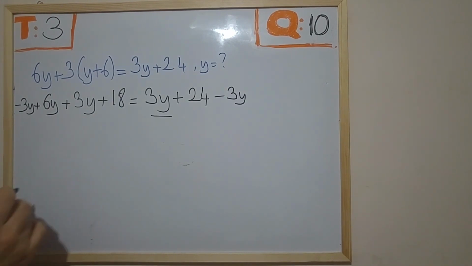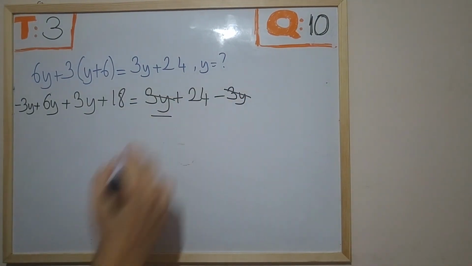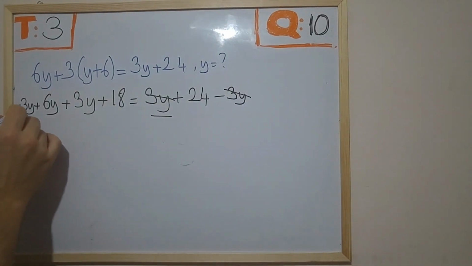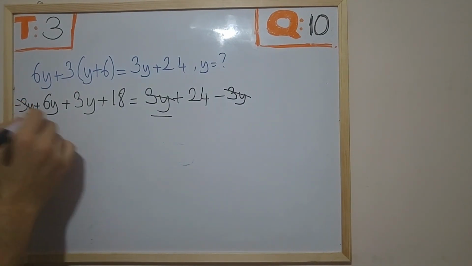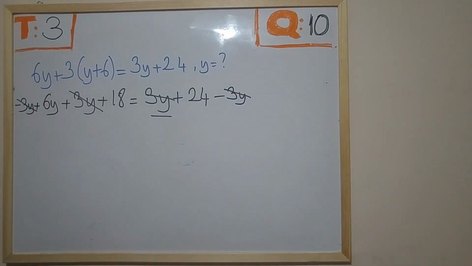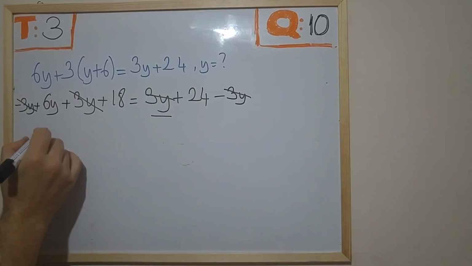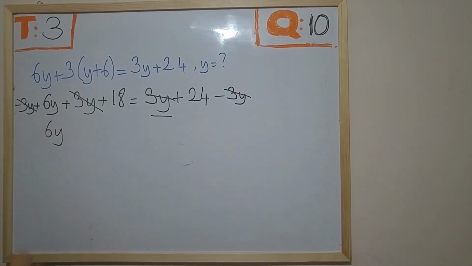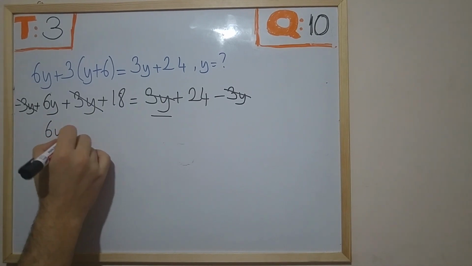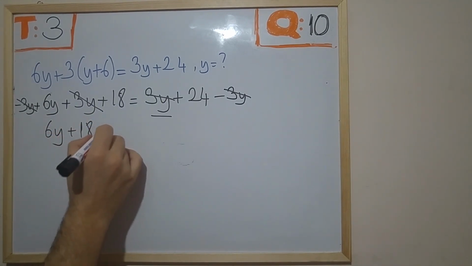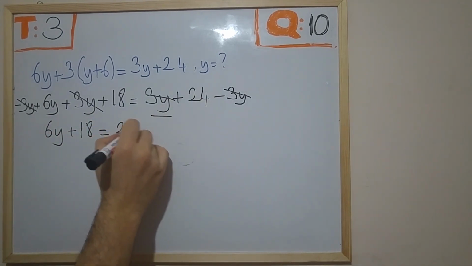What we have now is these 3y's are gone. Minus 3y cancelling out, plus 3y here, and we're left with only 6y in our hand. Plus what we have is 18 here is equal to 24.